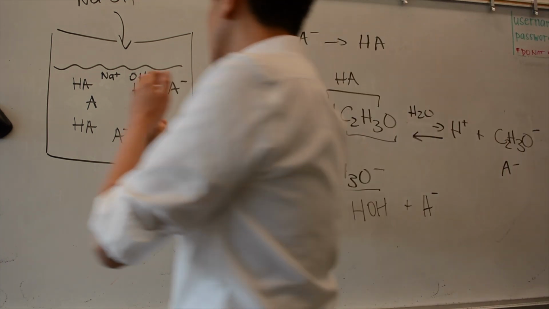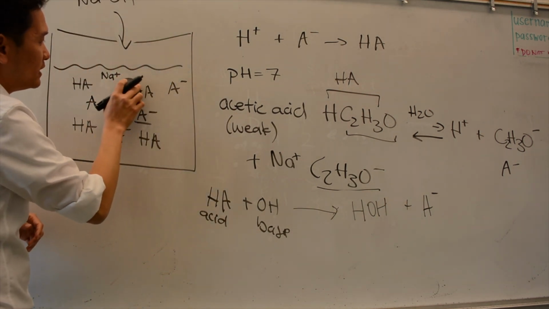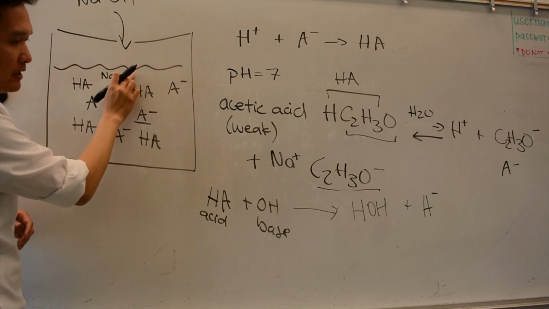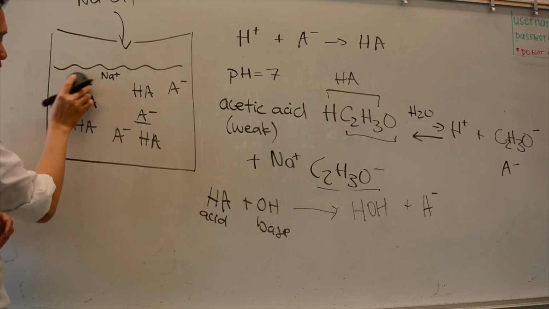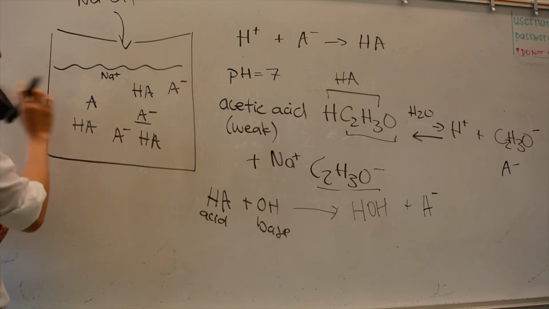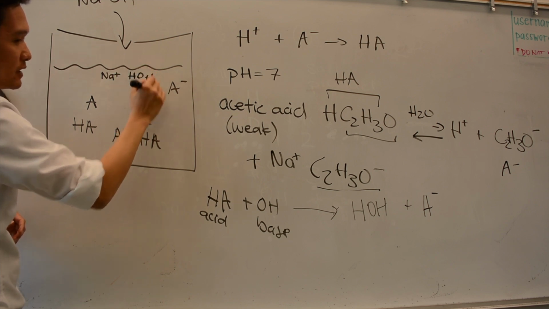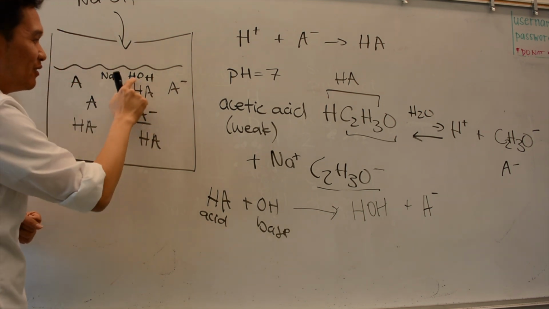Okay, so let's see and erase. So let's see what happens now. With that OH gone and that HA gone, what do we have in solution other than H2, HOH and A minus? I slipped there, right? What is HOH?